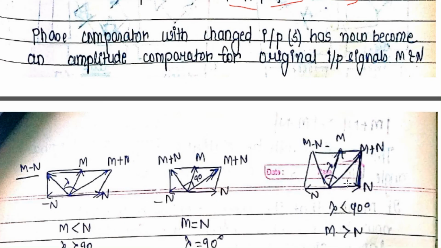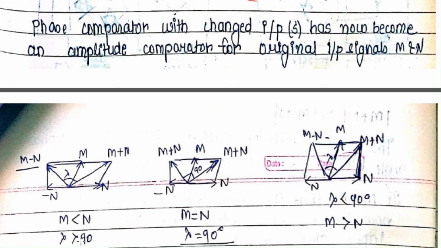Now let us look at the phasor representation. Here alpha is the angle between the m plus n signal and m minus n signal. Here alpha is greater than 90 degree, and the equation we are obtaining is magnitude of m is less than n.